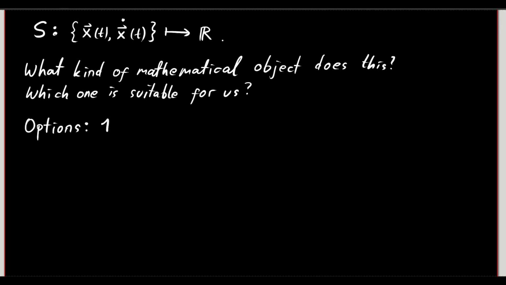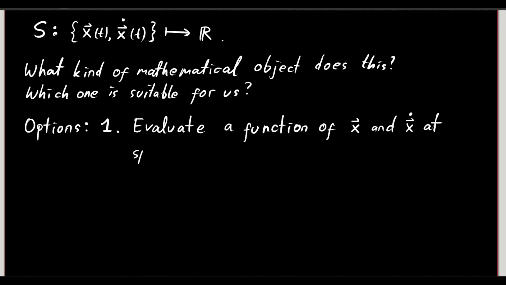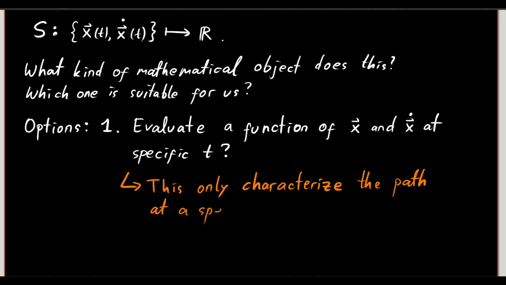Okay, options. Our first guess might be that S is just straight up a function of x and x dot, which means it is basically a function of time. To get a real number out of it, we just evaluate it at a specific time t. However, this only characterizes one point in the path, not the whole path.